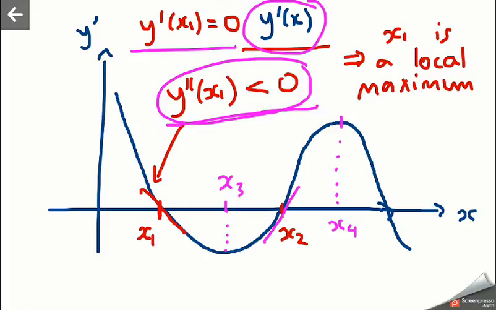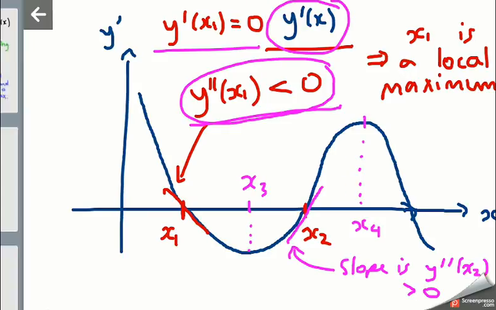Remember, this is the graph of y prime of x. So the slope of this tangent line is the derivative of y prime of x at the point x2. So slope is y prime prime of x2. And we can see that this is bigger than 0.